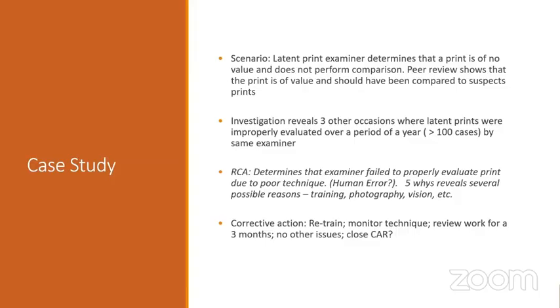In this case, no other issues were identified after the retraining and the monitoring of technique. And under normal circumstances, we would close the CAR. That is why we have the question. Let's take a look at how this might be a slightly different outcome if we were to apply a risk management principle.